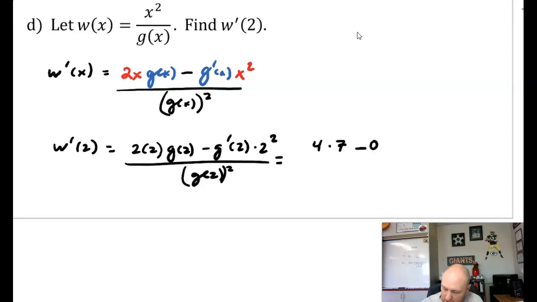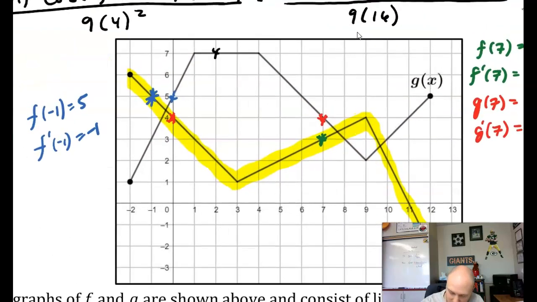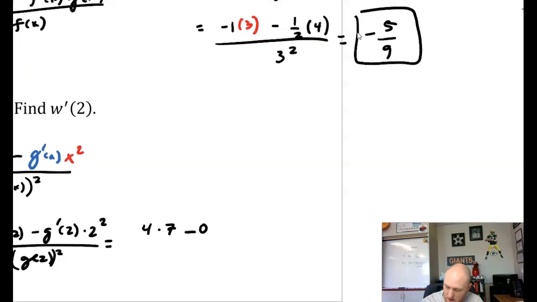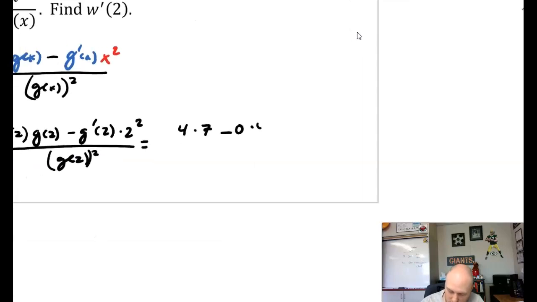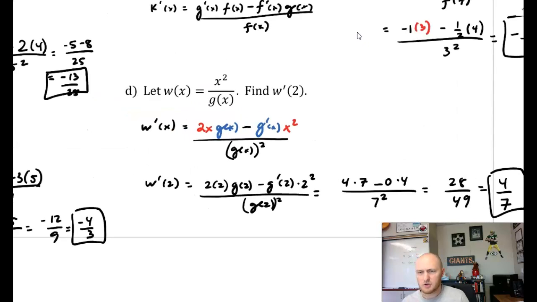The slope at 2 for g is 0. Times 4, all over 7 squared, so we get 28 over 49, which if we reduce by 7, we get 4/7. Okay, so hopefully you went ahead and got that.